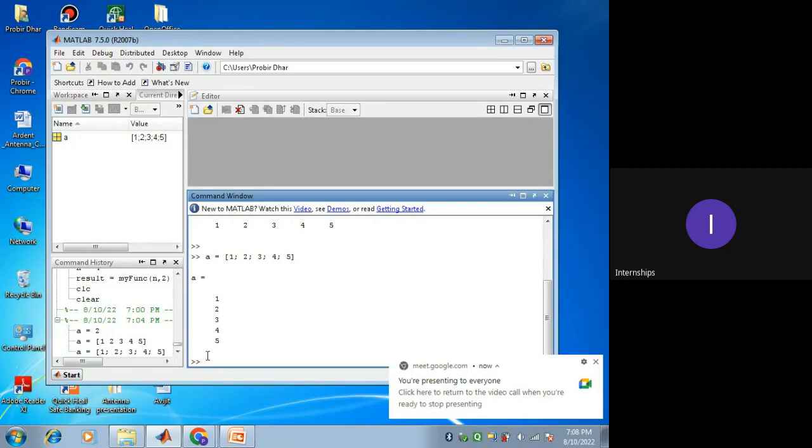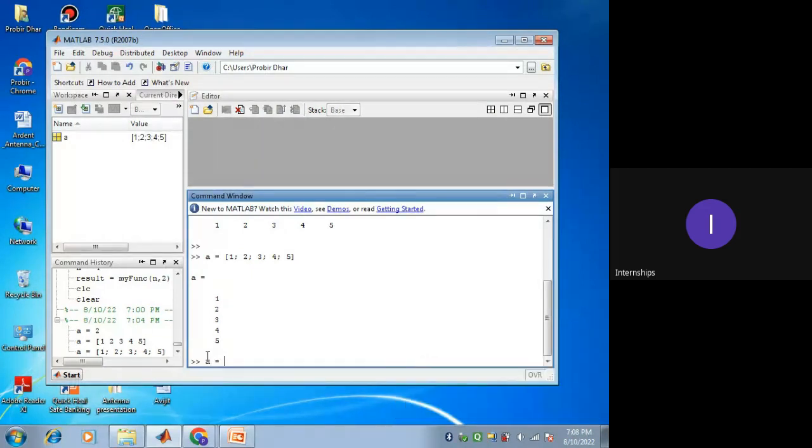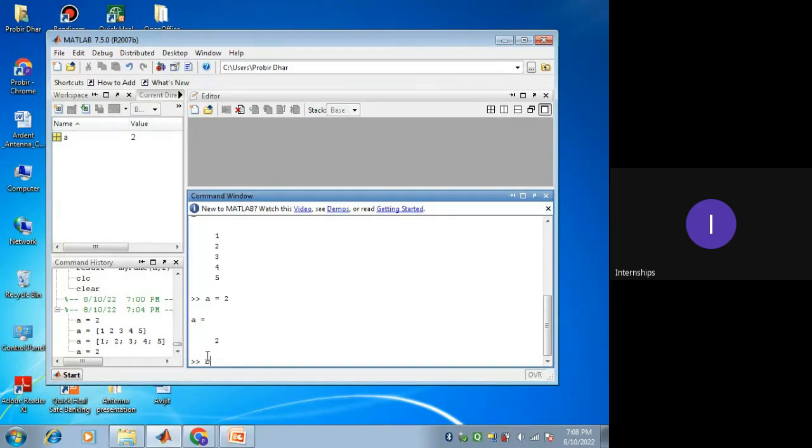Okay. Now, first I will show you the different types of mathematical operations it can perform. Say A is equal to 2. B is equal to 3. And C is equal to A plus B. Simple addition.